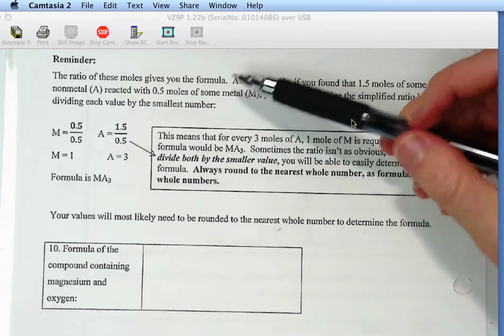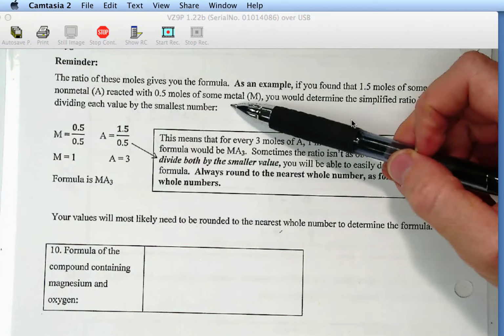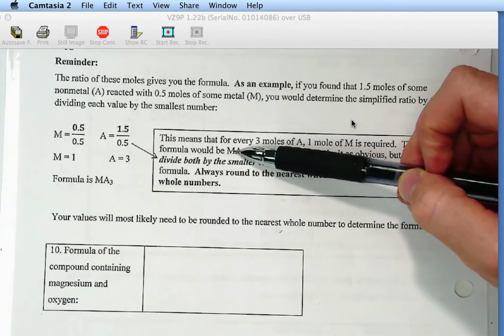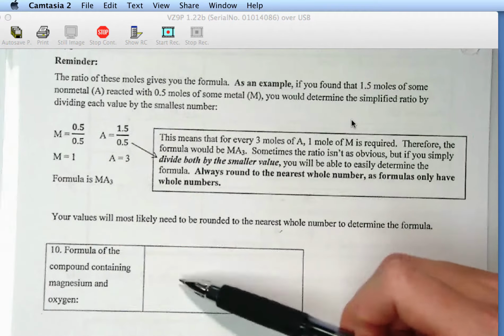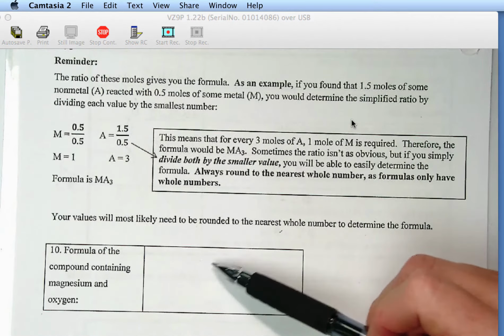And then you're going to go through the same ratio exercise that we did for the pre-lab. And then you'll get the formula for the magnesium oxide that you made.